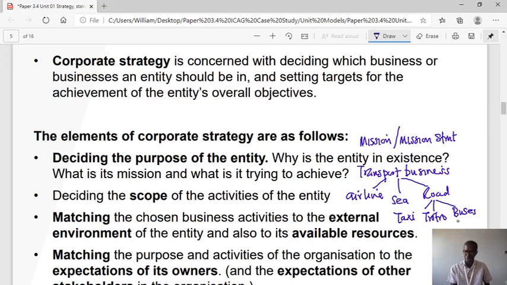And even if it is buses, is it within the region? So are you focusing on only the Greater Accra, and then your buses will run from one place to the other within the Greater Accra, or is it interregional buses from Greater Accra to Western region, to Eastern region, and so on? All these things you must be able to decide on the scope.